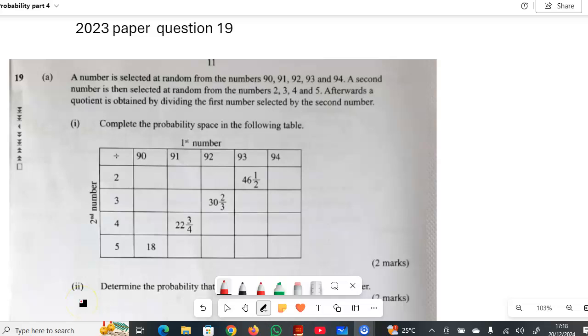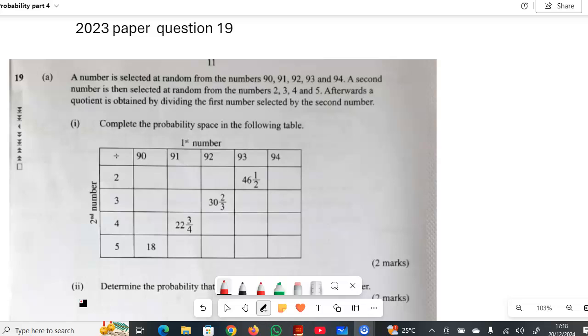So question number 2, we are going to consider the 2023 Mathematics Paper 2, question number 19 on probability. The question reads, part A, a number is selected at random from the numbers 90, 91, 92, 93, and 94.